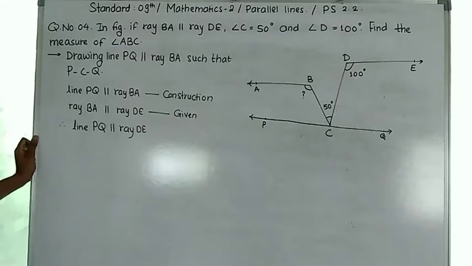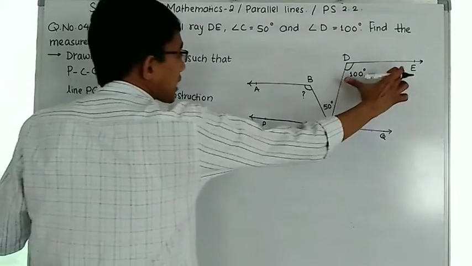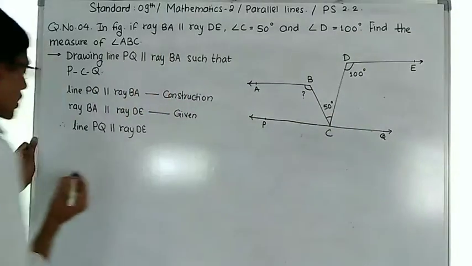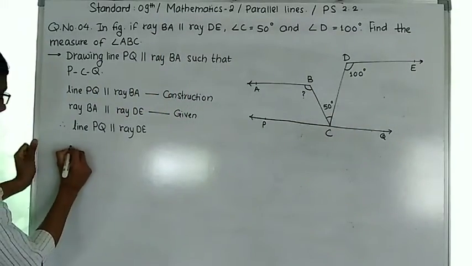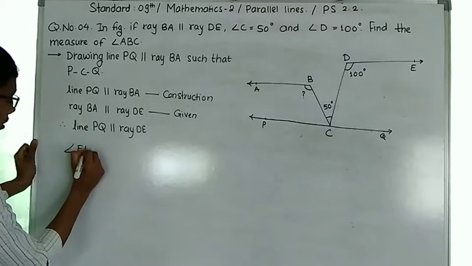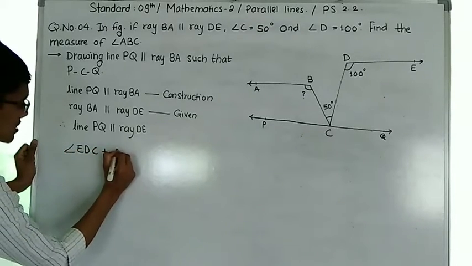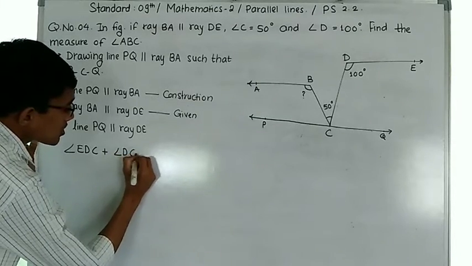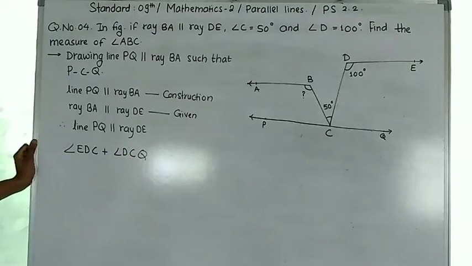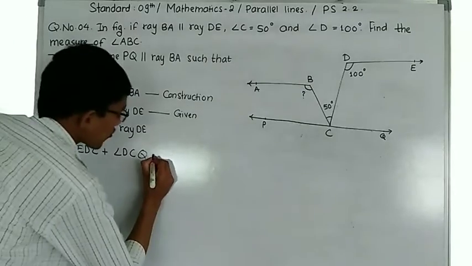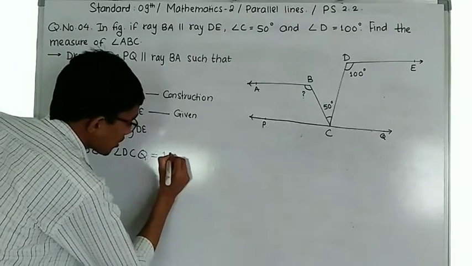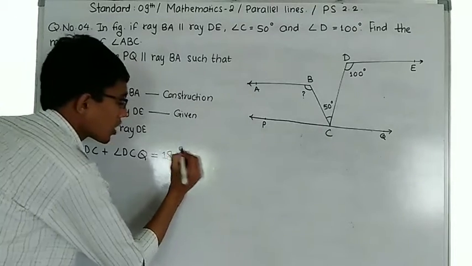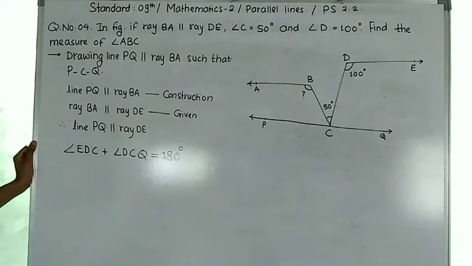Now, we can take angle EBC and angle BCQ. The sum of these two angles is going to be supplementary, that means 180 degrees. And why is the sum supplementary?